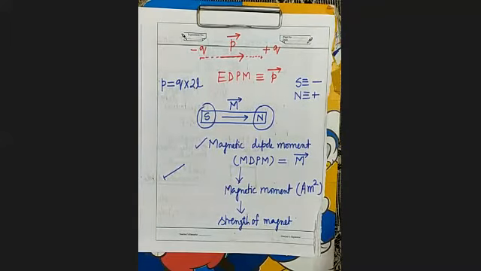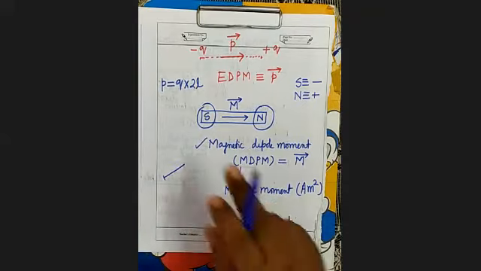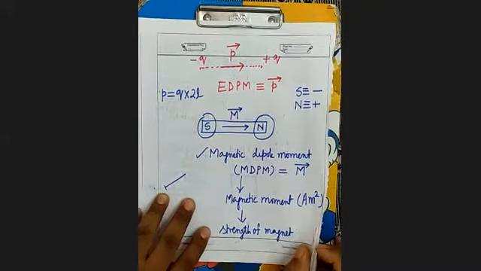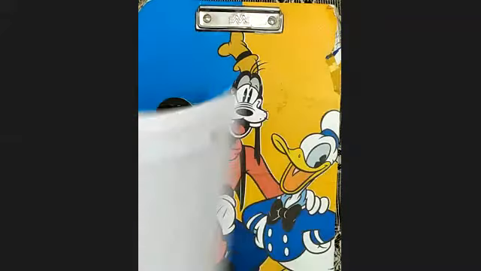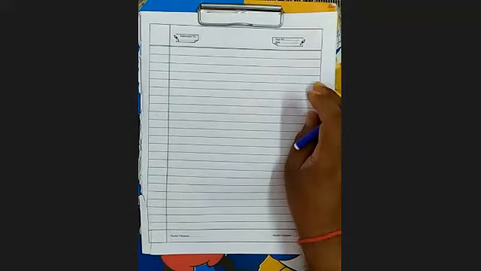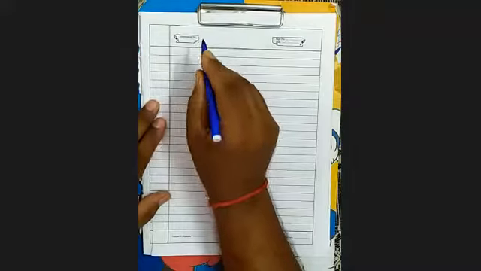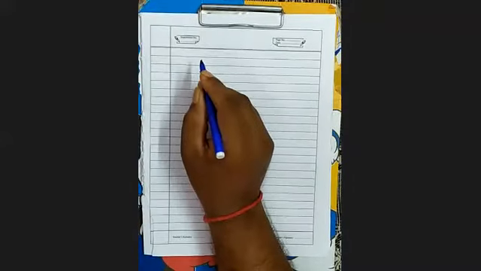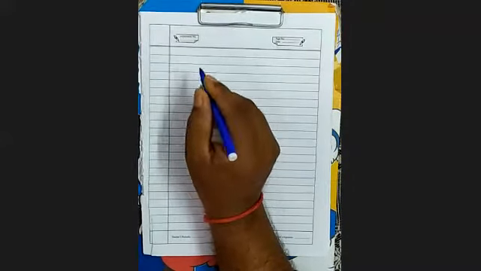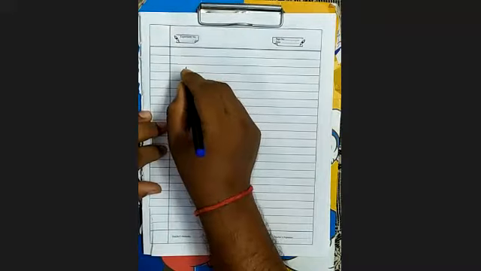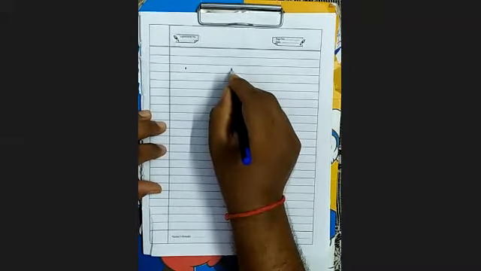Now after this I am going to explain the magnetic field due to a magnetic dipole, just like the electric dipole. We have studied the electric field due to an electric dipole in two positions: the axial position and the equatorial position.